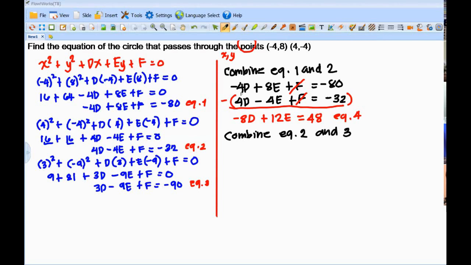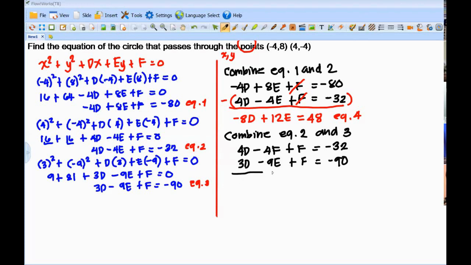So we will write our equation 2. Equation 2 is 4D minus 4E plus F is equal to negative 32. And then we have equation 3: 3D minus 9E plus F equals negative 90.